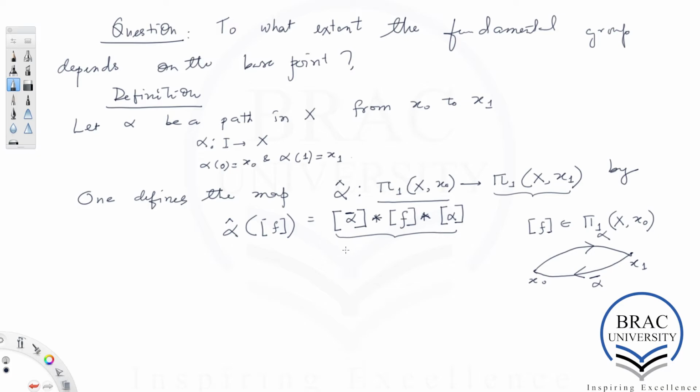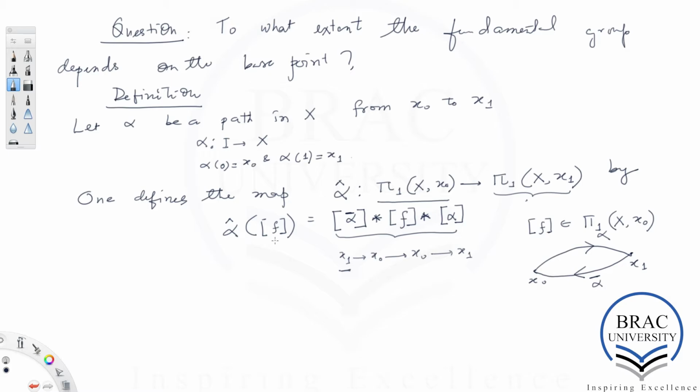Then f is a loop based at x0, meaning that it's a path from x0 to itself, and then alpha is a path from x0 to x1, which means that the reverse of alpha star f star alpha is a loop based at x1. In other words, it's a path from x1 to itself. So we get an element here.